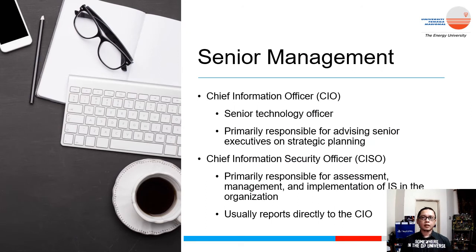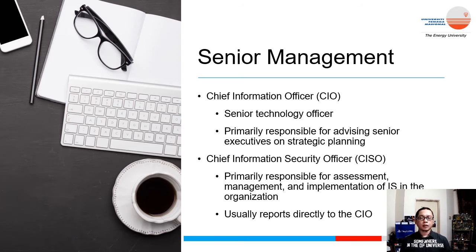So in any organization, we have the senior management position. Usually we begin from the CEO, which is the very top management, or usually the owner of the organization. And then under him, we have the CIO position. Usually the CIO will get the requirement or provide the solution to the CEO with regard to any technology or information system solution that we want to implement.